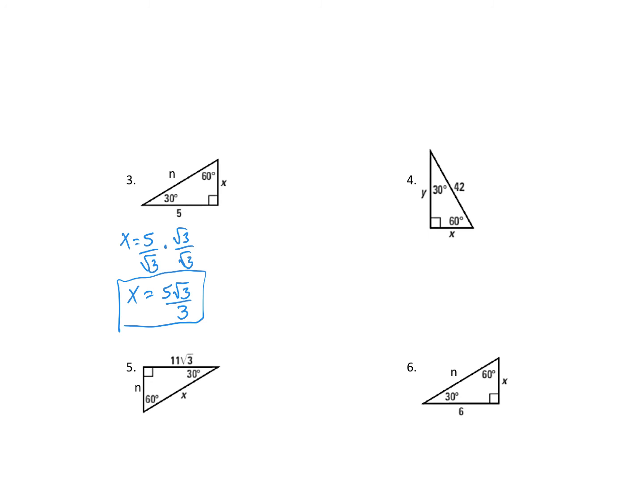And my n is twice that much, so n equals 2 times 5 root 3 over 3, which is equivalent to 10 root 3 over 3.